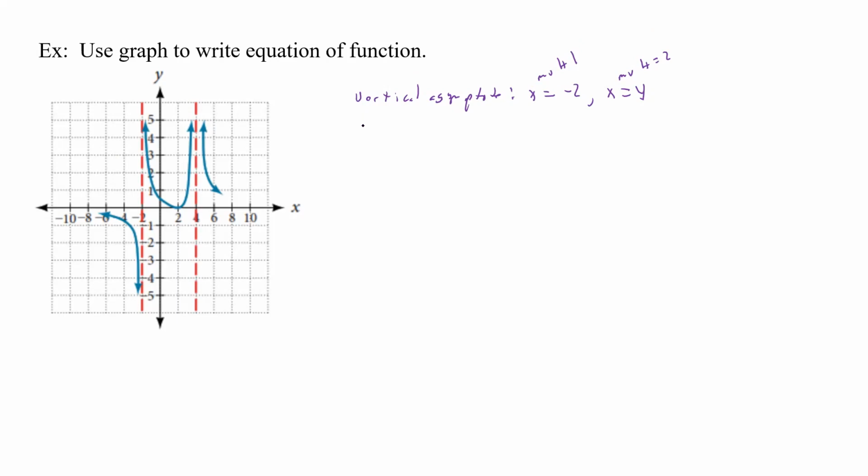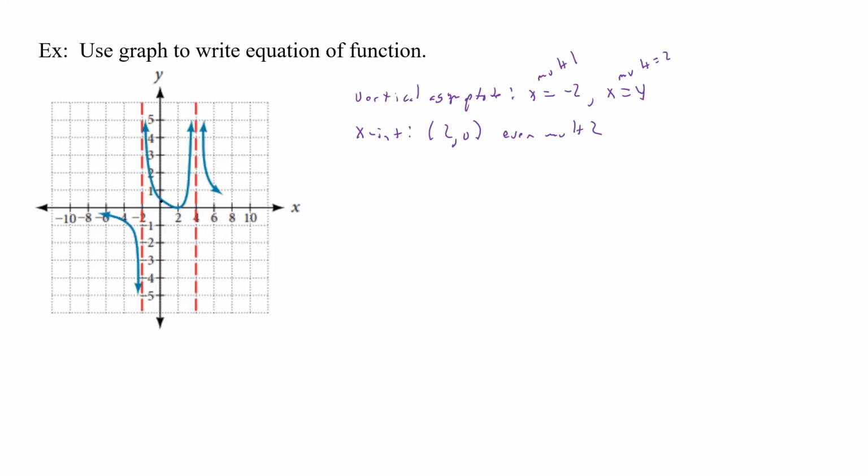Then we have our intercept. We actually have an x-intercept. That's going to be at (2, 0). And it's going to be even, and so probably multiplicity of 2. We usually write it in the least terms if we don't know for sure. What else do we know? We have vertical asymptotes. We have our intercepts. We have a y-intercept too, it looks like.